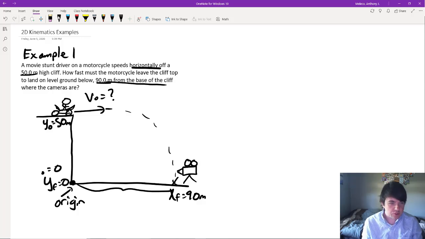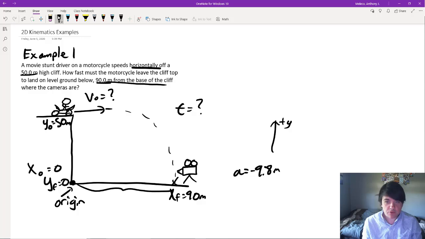We went through position. We looked at v initial, where it tells us it's horizontal, and I'll talk about what this means when we do knowns and unknowns. Time, we don't know. And since we've made up positive, from 0 to 50, that means a will be minus 9.8 meters per second squared in the y direction.